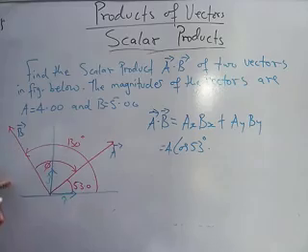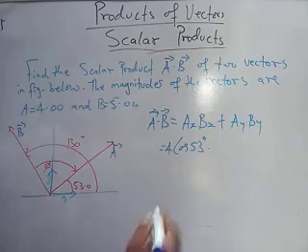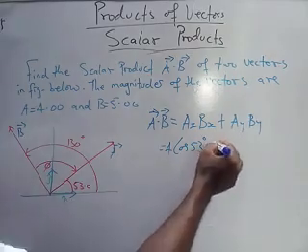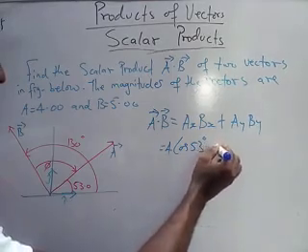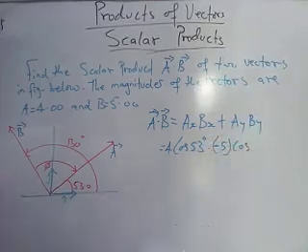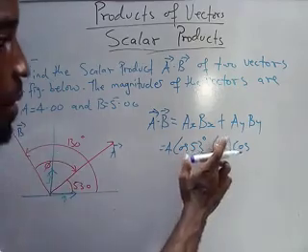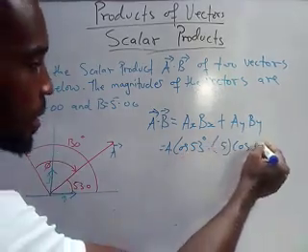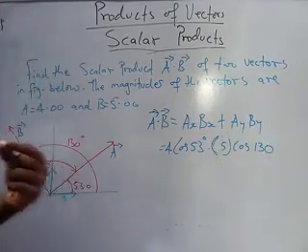And here now, horizontally B is to the negative. That is minus 5 cos 130, or let's just leave it 5 cos 130. Yes, to bring out our negative.